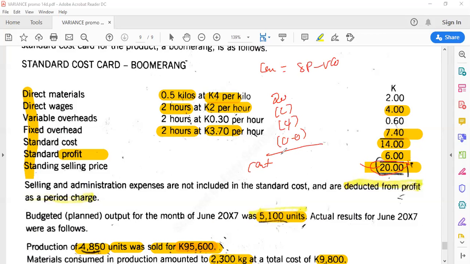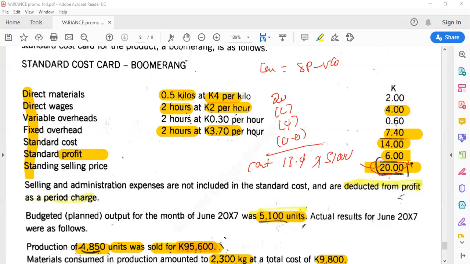The figure is 13.4. If you multiply this by 5,100 units, how much is the standard contribution in total? 68,340.